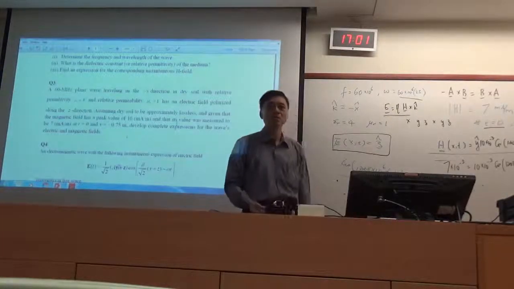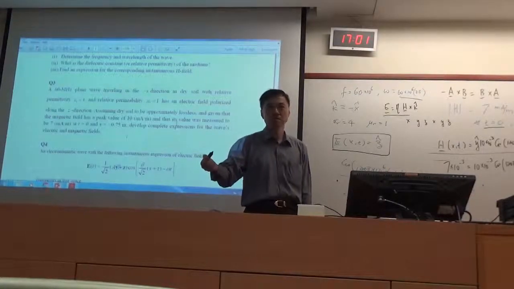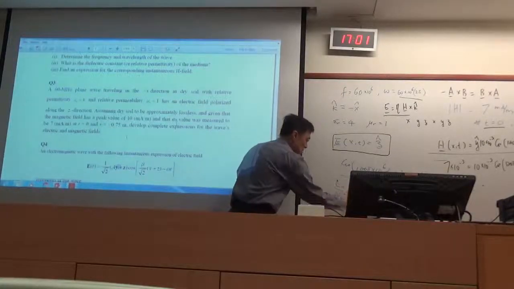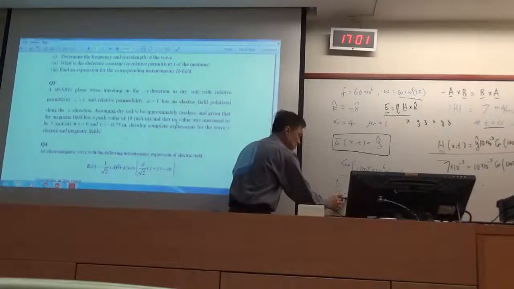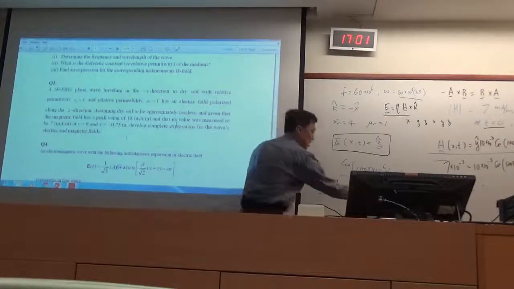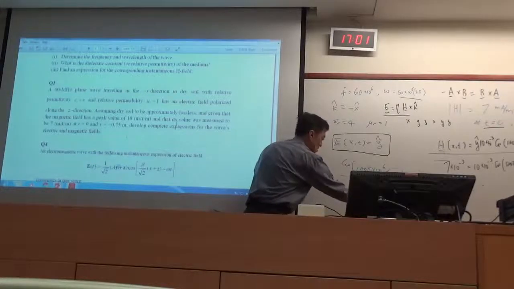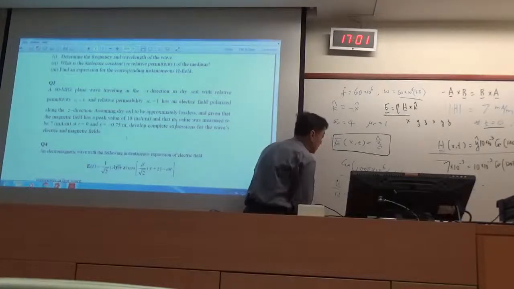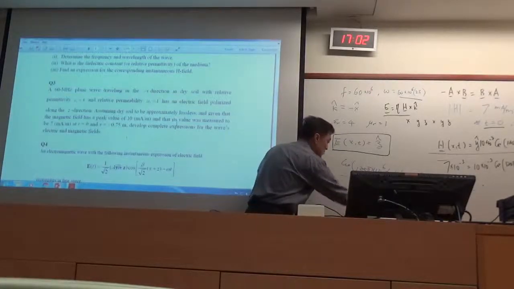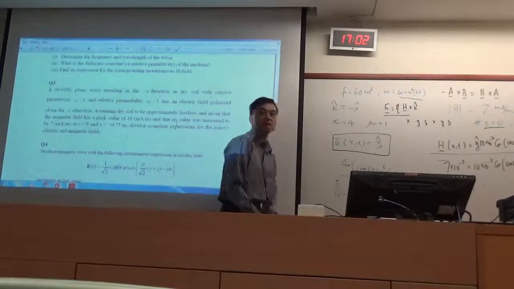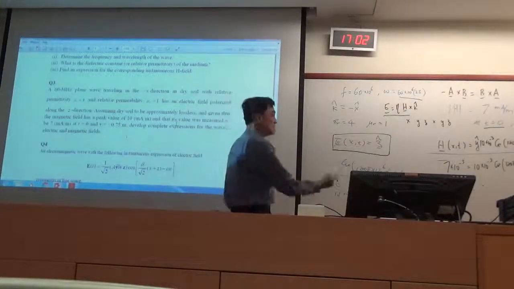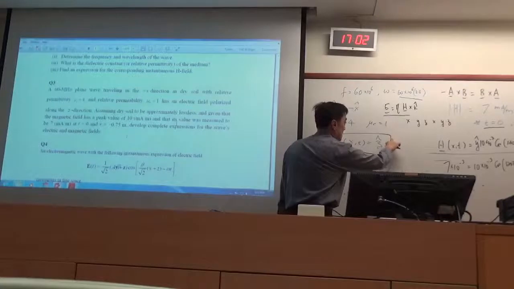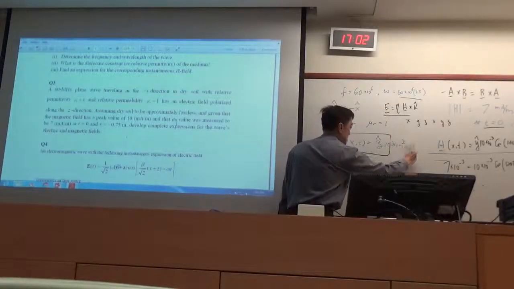Polarization is already known. What is the magnitude? The magnitude is always E naught over H naught equal to zeta, or E over H is equal to zeta. I want to find E, so E is equal to zeta H. So the magnitude is 10 times 10 to the power minus 3 times zeta.